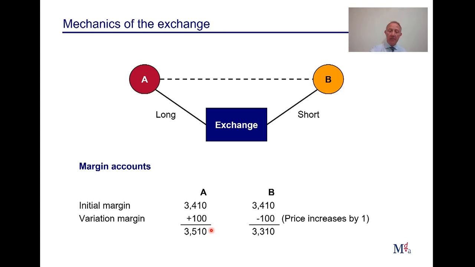Of course, the balance on B's margin account has dropped. They had to pay away $100. And these cash flows will move in and out every single day until either the contract matures or we close out the contract. To close the contract, we would place another order to go short. And if that's filled, our contract is now closed out.